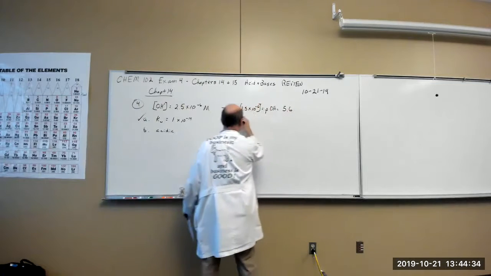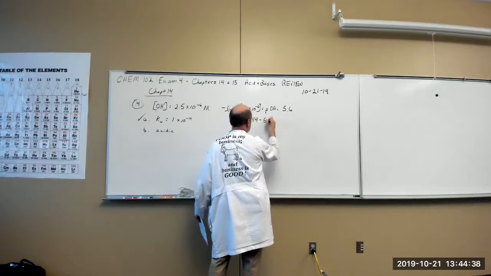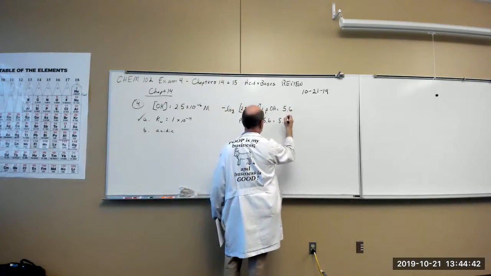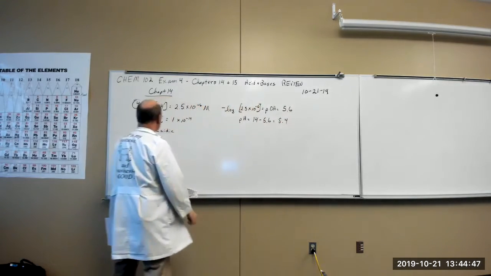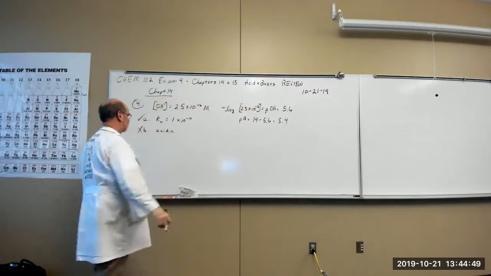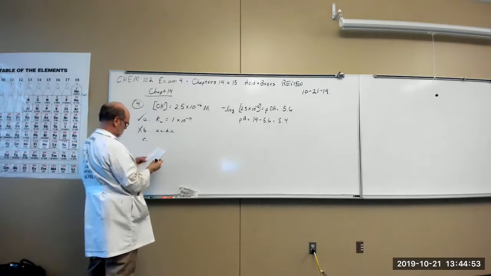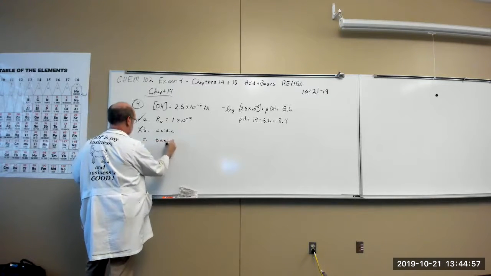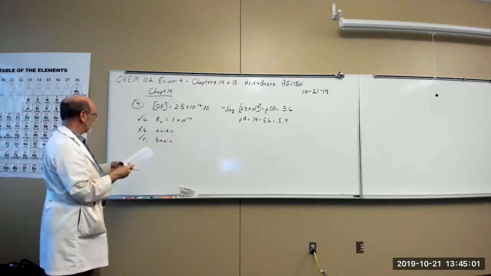So what's the pH? 14 minus 5.6, which is equal to 8.4, right? So it's not acidic, it's basic, which is C, I think. Yes. So C is basic. That's true. But we're looking for the false one, aren't we? Yes. So we found it.